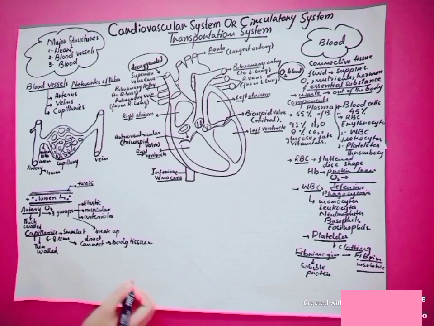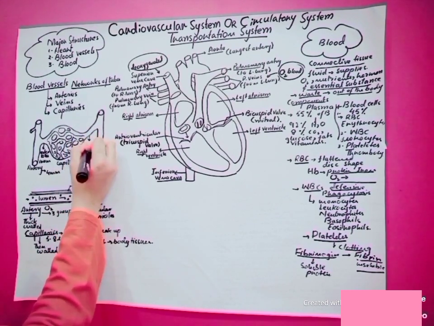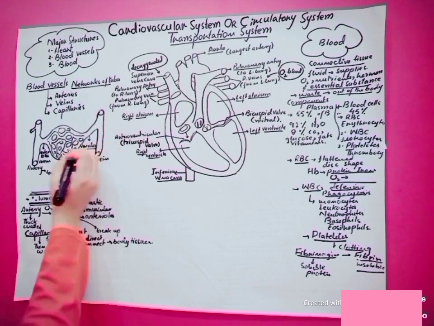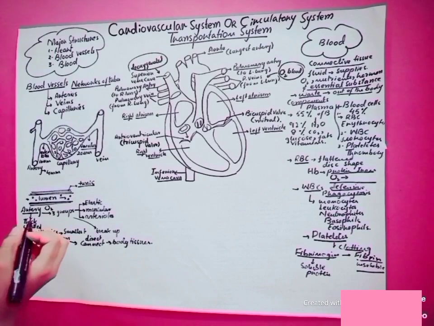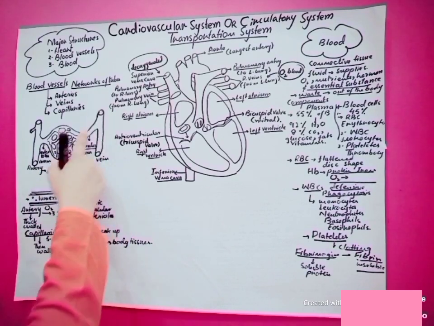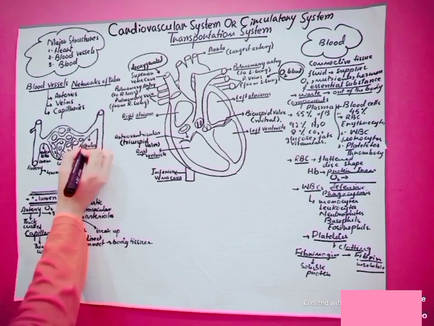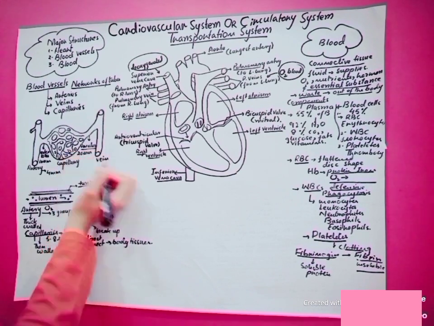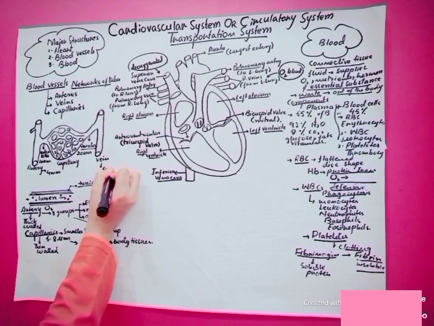These capillaries break up into venules, which are 20 micrometer in diameter. These venules are then combined and form a larger structure, which is a vein. The diameter of venule, as I told you, is 20 micrometer, while the diameter of vein is 5 millimeter.